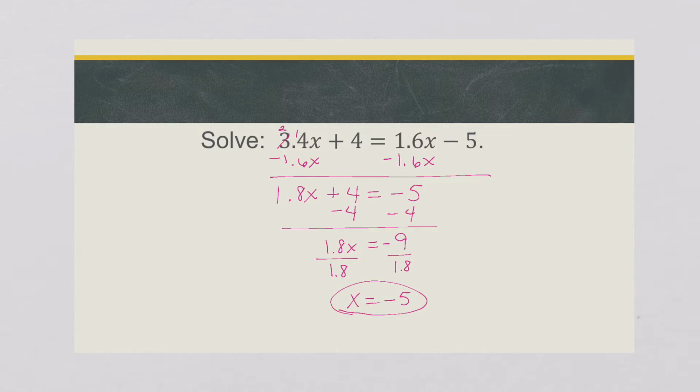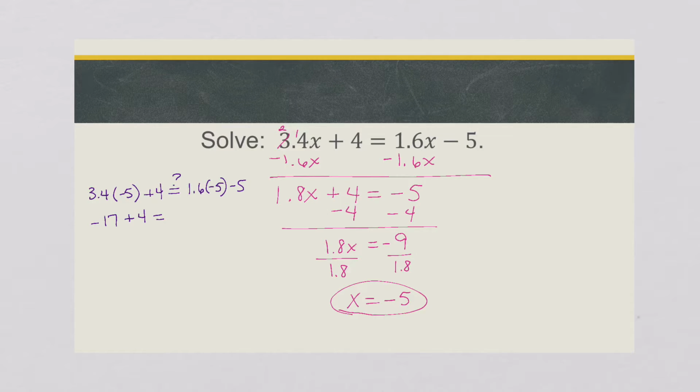So I'm going to do 3.4 times negative 5 plus 4. Is that equal to 1.6 times negative 5 minus 5? So on my calculator I'm typing in 3.4 times negative 5 and I get negative 17.